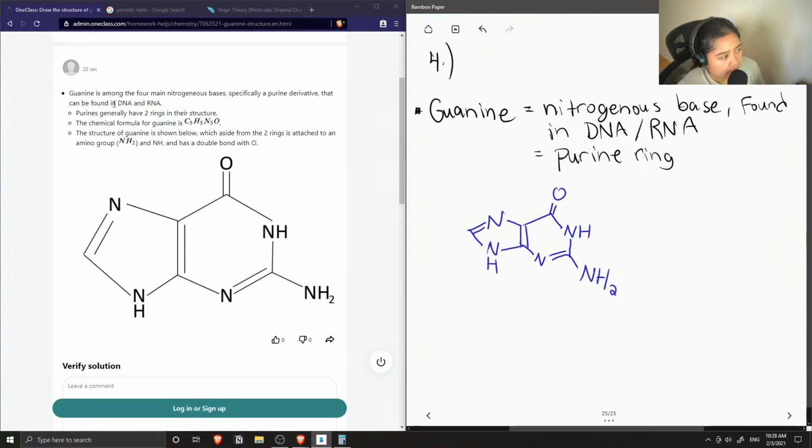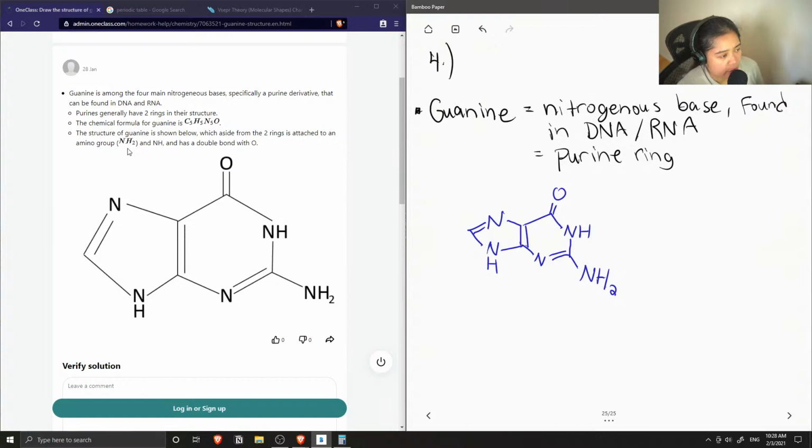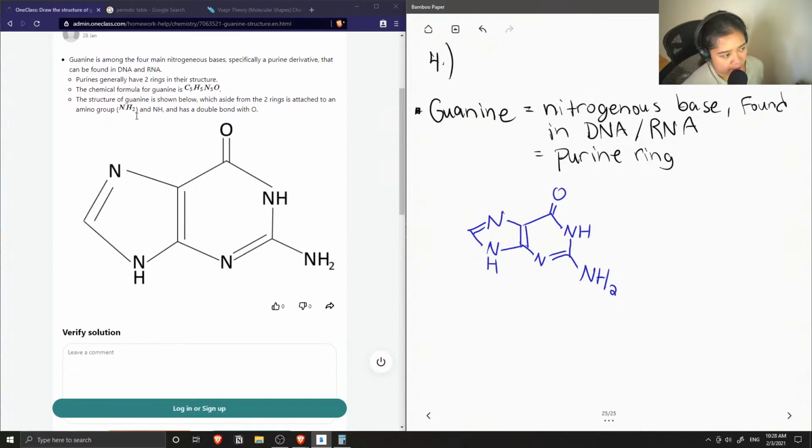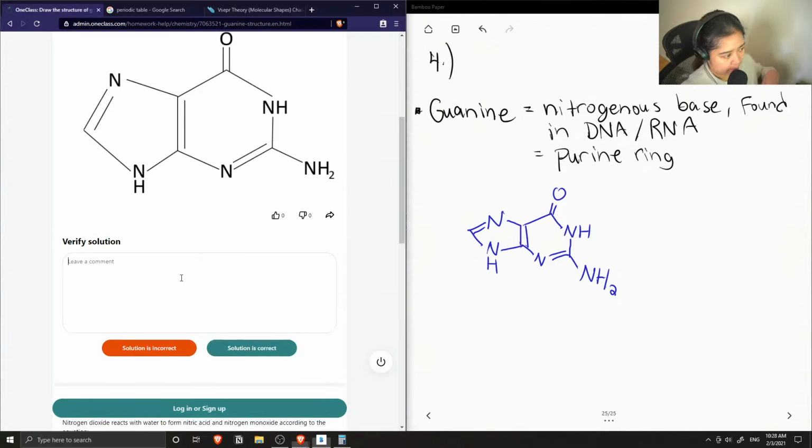Yep. The structure of guanine is shown below, which aside from the 2 rings is attached to an amino group and an H and has a double bond with oxygen. Okay, so this solution is correct.